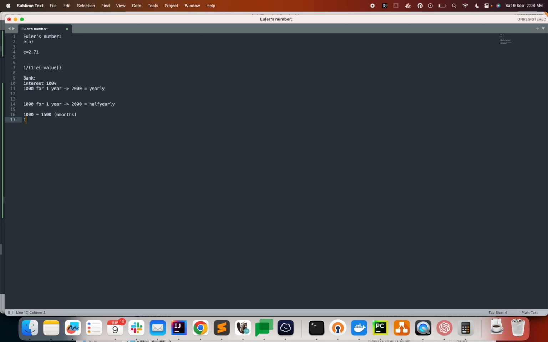After 1 year, for this 1,500 you get again 50% interest, which is 750. So your total will be 2,250 at the end of 1 year. So when it is half yearly, you are earning 250 rupees more than yearly.